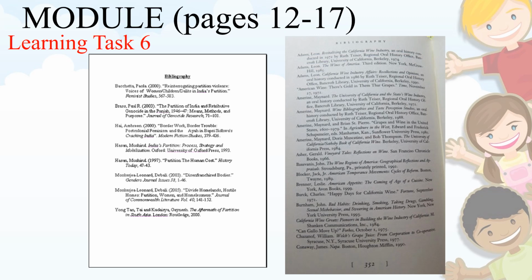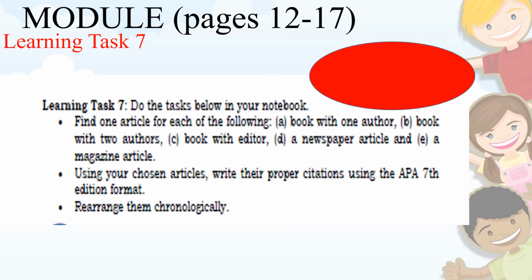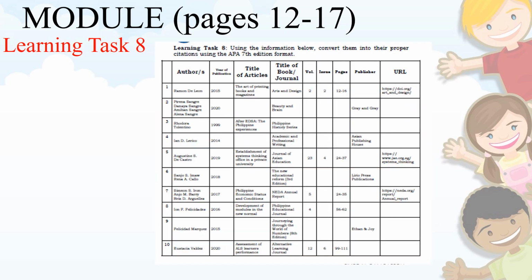As you can see, they are also arranged in alphabetical order. In the Learning Task 7, you can skip this activity and an alternative activity will be given in the enrichment. In the Learning Task 8, all you have to do is to arrange the following entries into APA 7th edition format.